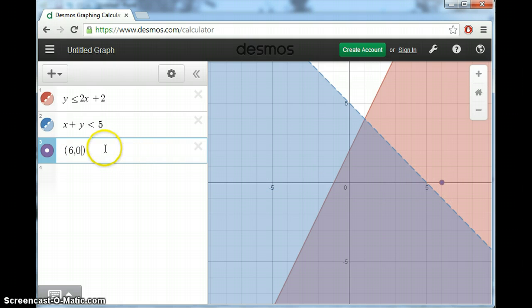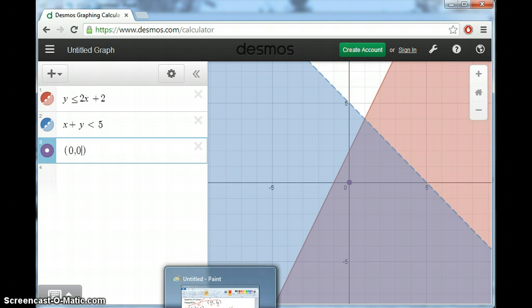That makes it really easy. That's another point you'd want to try. Another one you could try is 0, 0, and that's the one that's gonna get it. And to test the left side, you could do negative 2, 0. What I'm going to do is go ahead and test 0, 0.